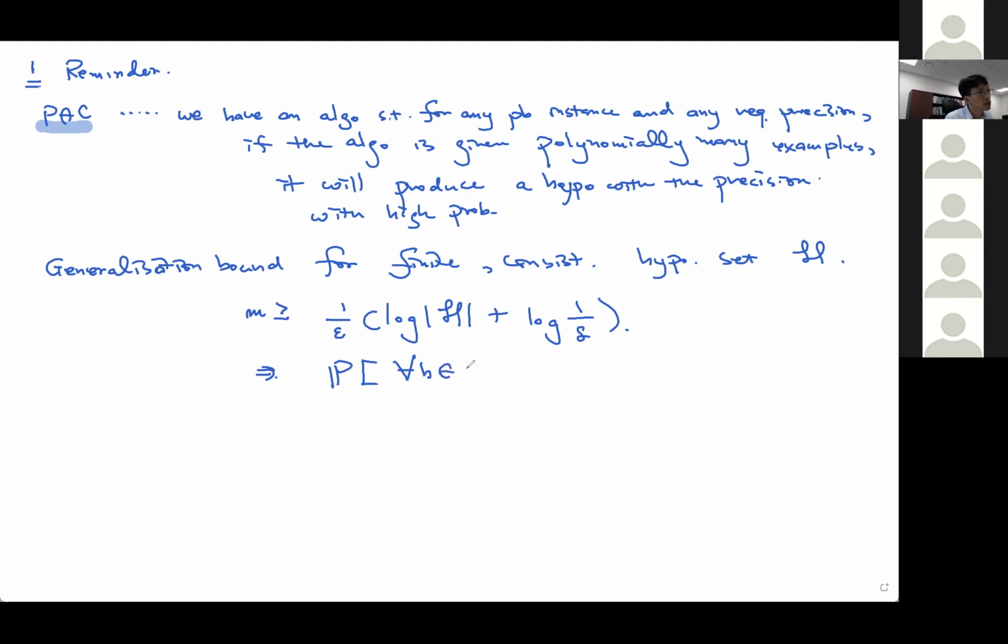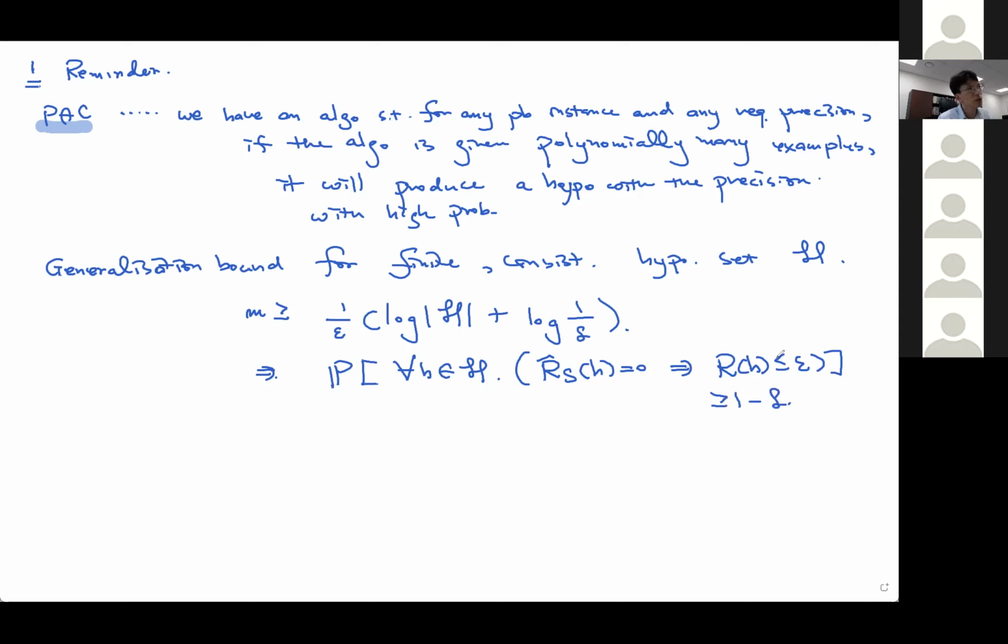For any hypothesis H, if the empirical risk R-hat of S is equal to 0, then R(H) is going to be bounded by epsilon, with high probability 1 minus delta.